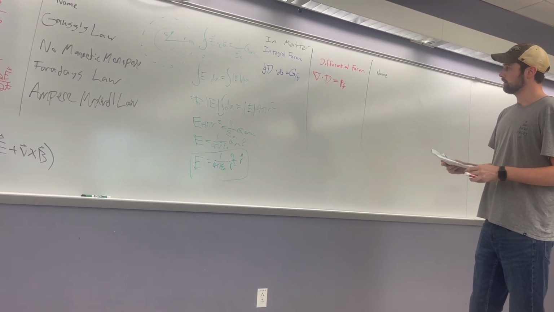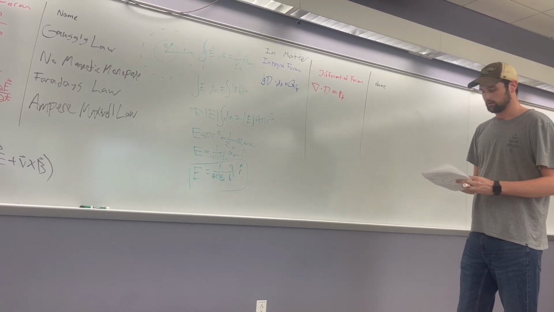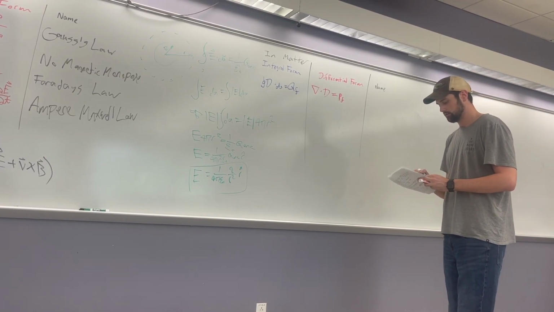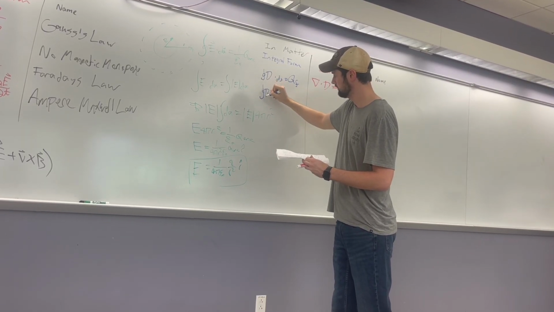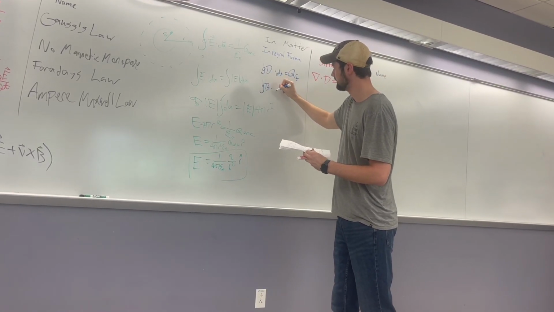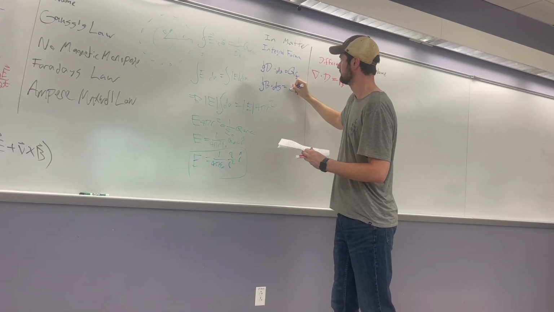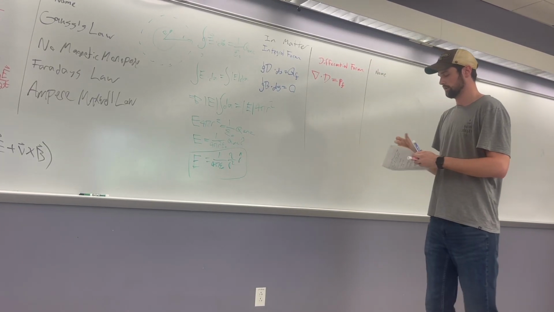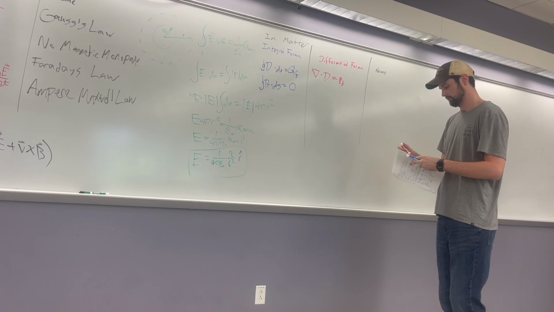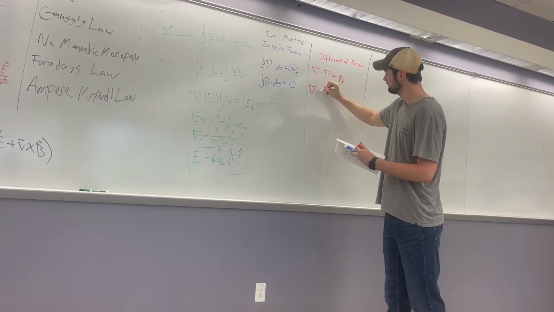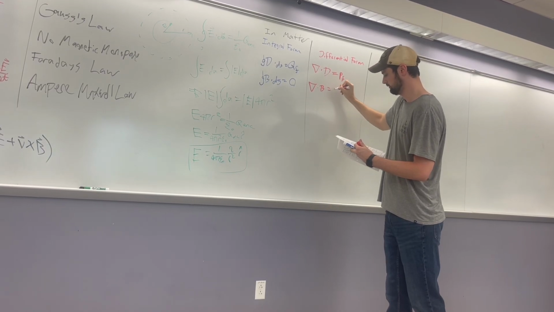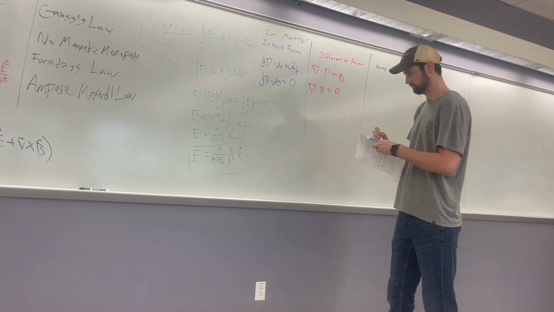Then for the no magnetic monopole law, the Gauss's law of magnetism, we get the integral of B dot dS is equal to 0, and del dot B is equal to 0.